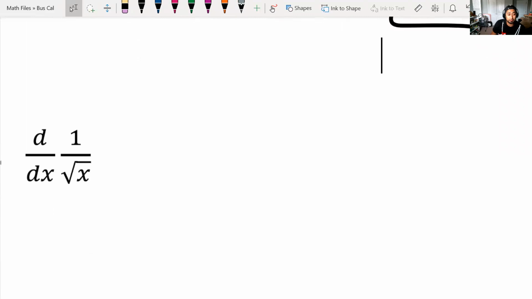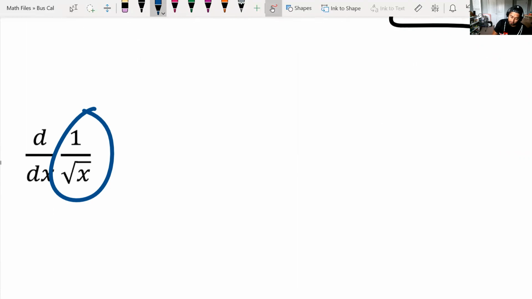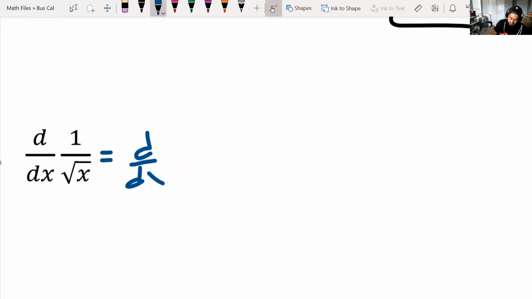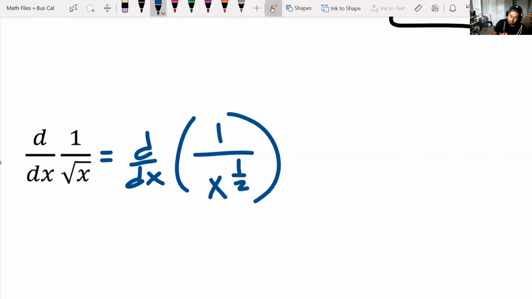All right, there's that. And again, those were derivatives of functions. Now we have the derivative of an expression. So the way to handle this is, first, we must rewrite this expression algebraically. So using all the properties we've learned so far, this becomes d over dx of 1 over x to the 1/2.